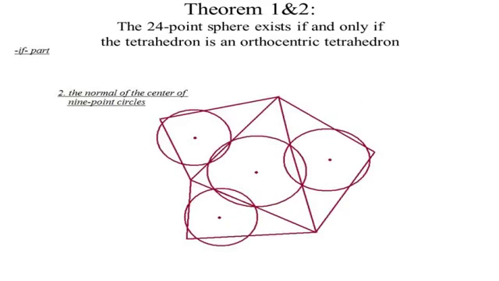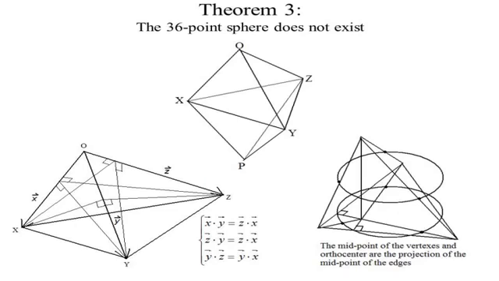The second proof is about the normals at the centers of the light-cone circles. Due to the limit of time, for the details of the proof please refer to part 2 of our research paper.